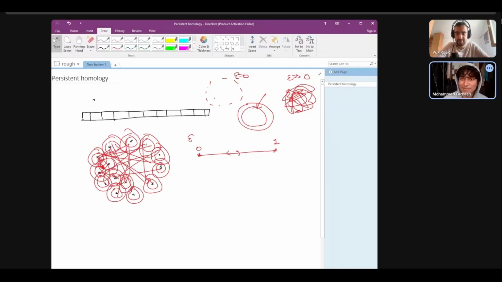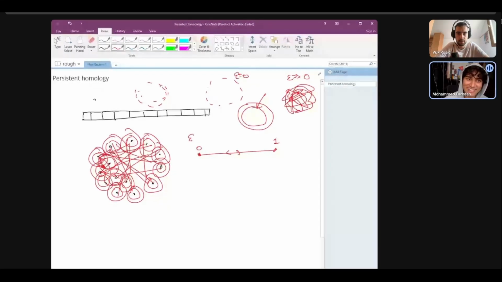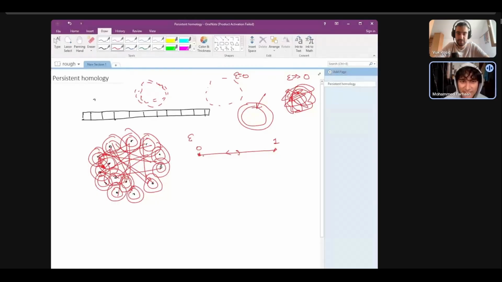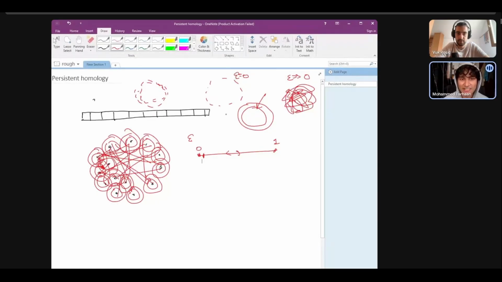We are given our data as spatial things, so we have nothing else to do but to look for structure. In the worst case scenario, everything is completely connected even at a very small epsilon over here. So that's the worst case scenario, like the moment you zoom past, everything is connected like here.